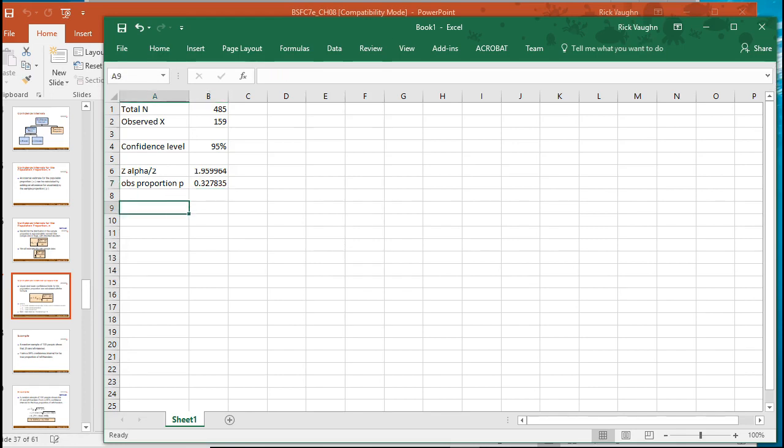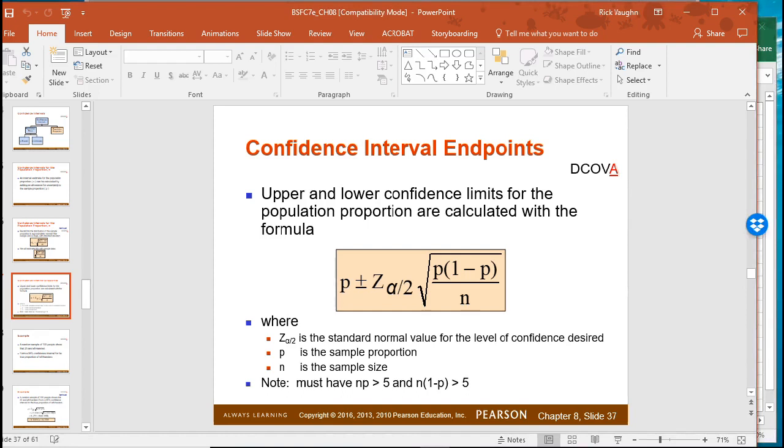All right, so now we're actually going to compute the low end of the confidence interval. According to our formula, it is the observed p, plus or minus that z alpha divided by 2 number that we calculated, times the square root of p times 1 minus p divided by n.